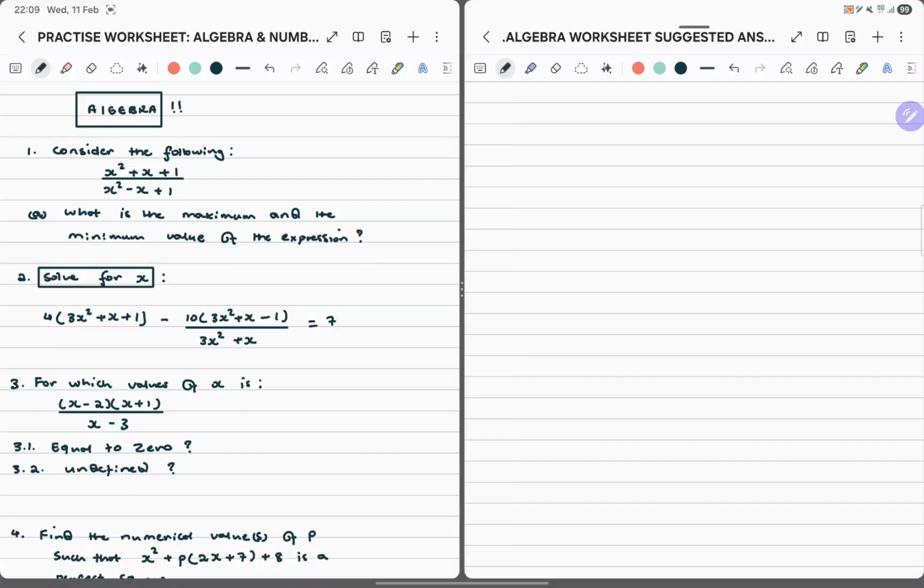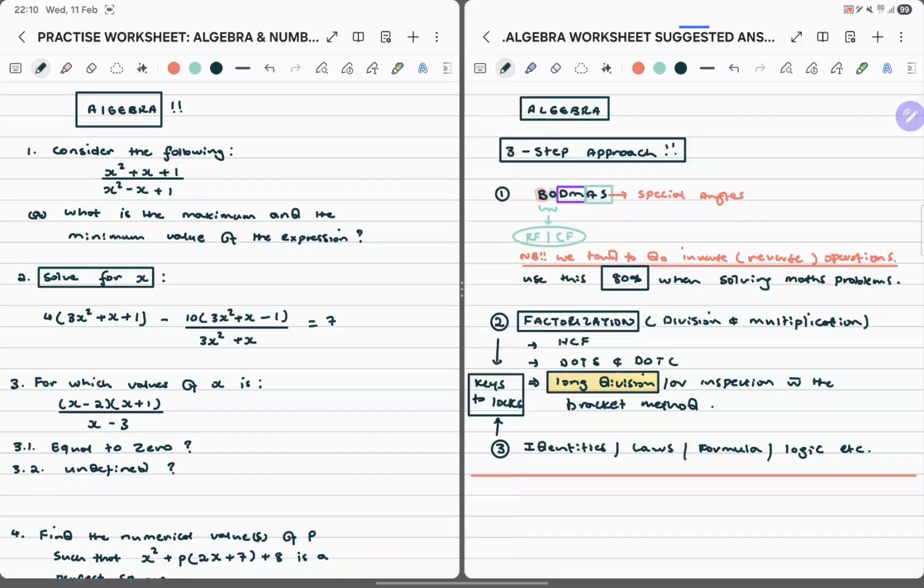Now folks, with algebra, we need to understand the essence of how we solve problems in mathematics. So quickly, without wasting any time, the three-step approach needs to be understood. If you don't have this three-step approach in order, you'll probably have a lot of issues with higher grade questions in maths. First of all, it's BODMAS.